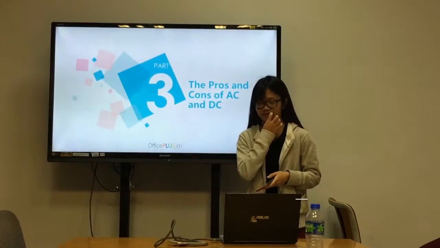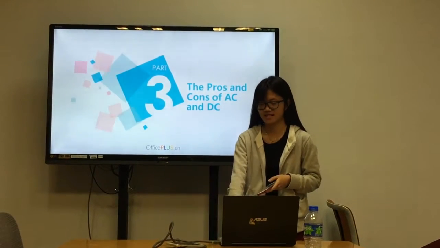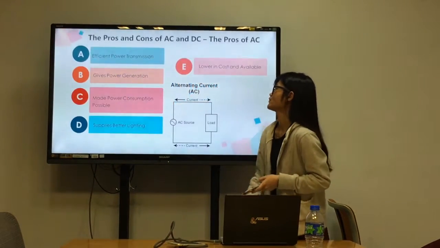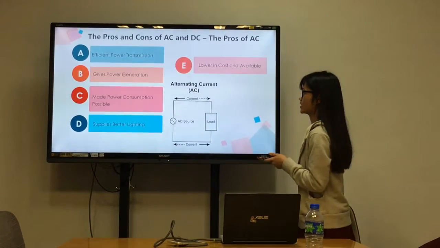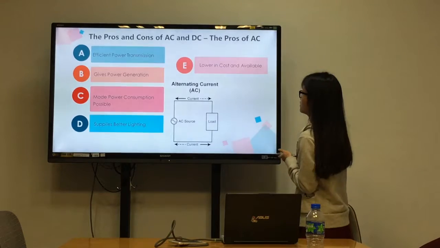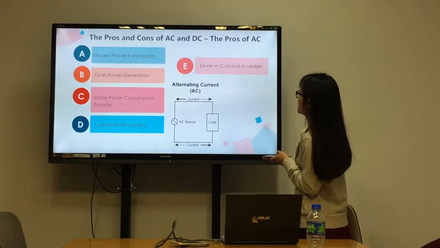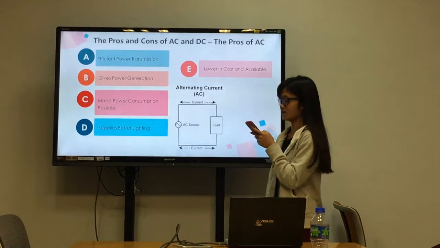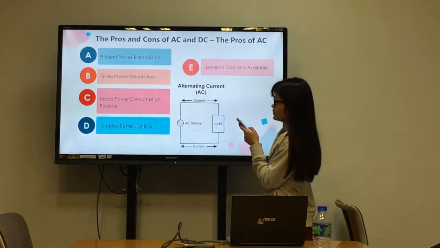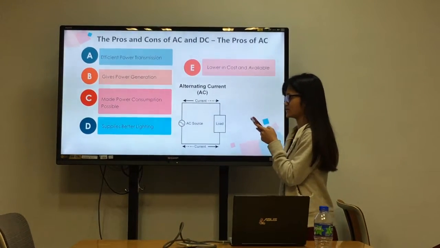I'm going to talk about the pros and cons of AC and DC. Since AC is more frequently used, we're going to put more emphasis on AC. Firstly, I'm going to talk about the pros of AC. First of all, is efficient power transmission.